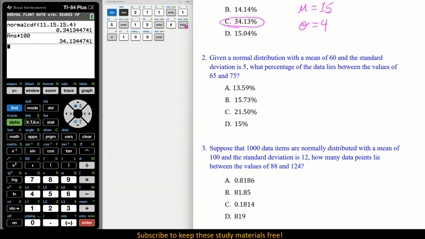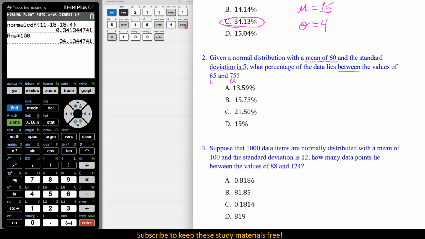Given this normal distribution with a mean of 60 and a standard deviation of 5, what percent of the data is between the values 65 and 75? Again, we can use the numbers as is. 65 is the lower and 75 is the upper.